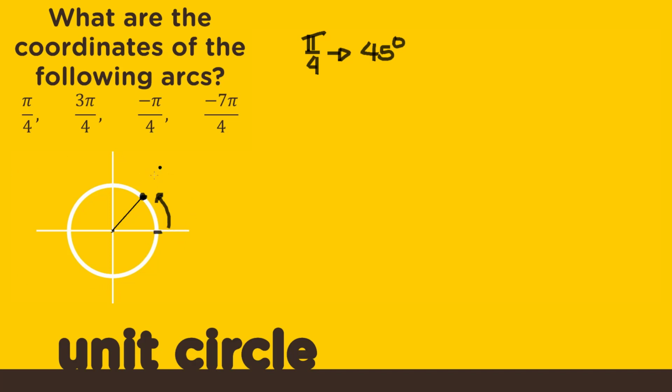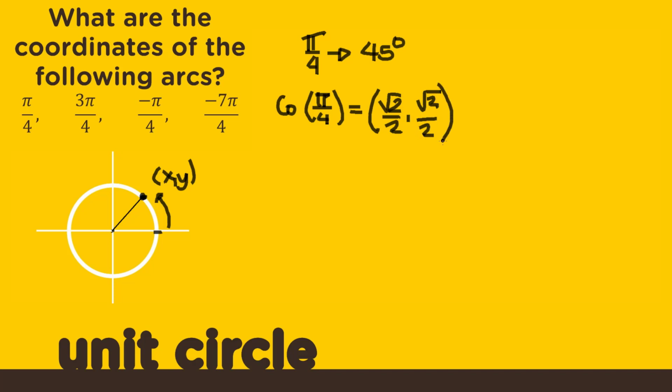This has x and y components, and you might want to review that specific video. You might memorize this, but just familiarize yourselves. You don't need to memorize the rest as soon as you know the coordinates of this. We have square root of 2 over 2 and square root of 2 over 2. This is the coordinate of our pi over 4.